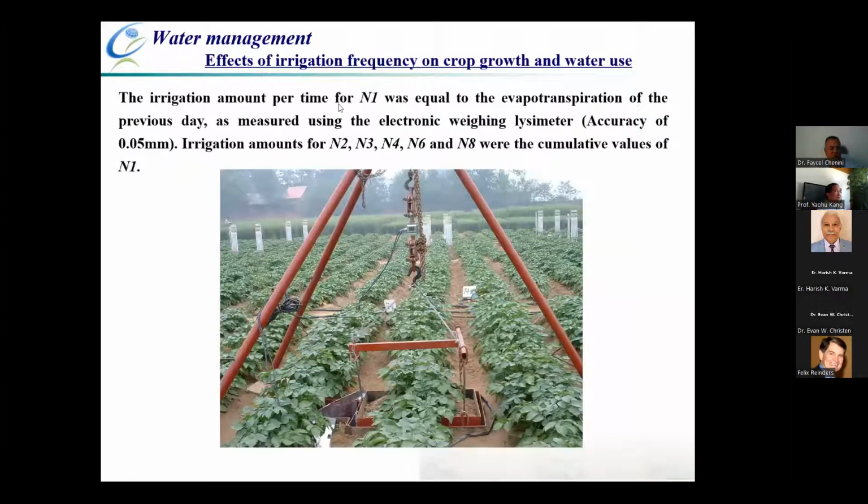The irrigation amount per time for the frequency of once every day was equal to the evapotranspiration of the previous day as measured using the electronic weighing lysimeter. The irrigation amounts for once every 2 days, 3 days, 4 days, 6 days, and 8 days were the accumulative values of the once-every-day treatment. So that makes the total irrigation amount the same.